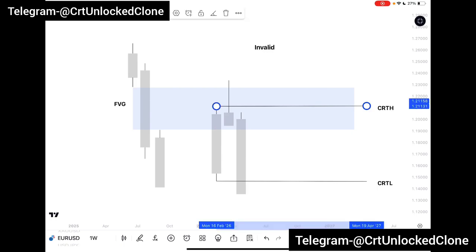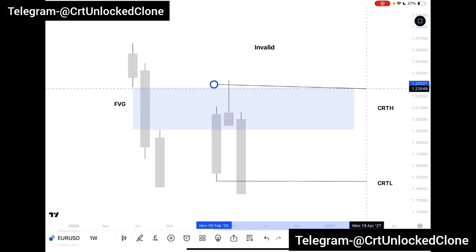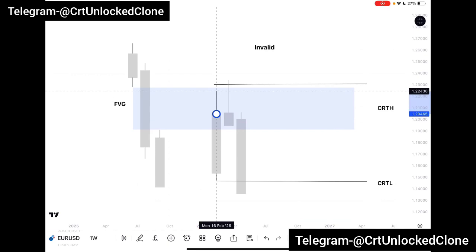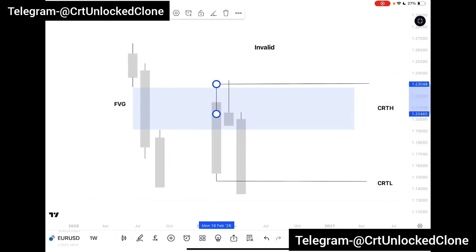In the next scenario, the CRT candle high has also gone outside the key level FVG. Now look at this very carefully, my dear people. The CRT candle which has formed has also gone outside our key level FVG.